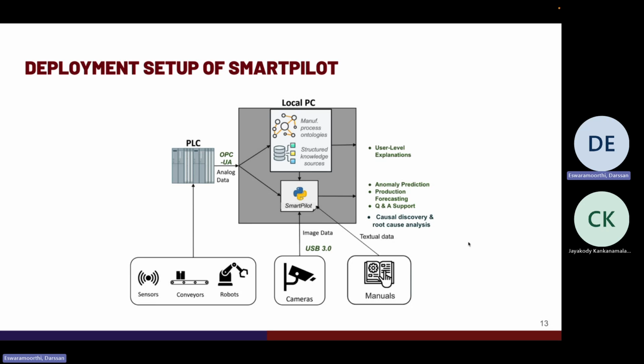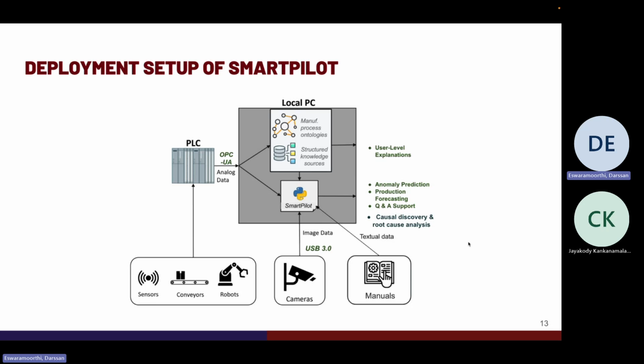SmartPilot also ingests structured textual data, including manuals, standard operating procedures, and logs. These are connected through a custom document handler built using Pylon, allowing SmartPilot to reference documentation during prediction and question answering tasks. Once the data is ingested, SmartPilot integrates it with process ontologies and structured domain knowledge.